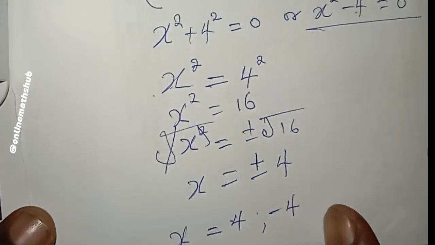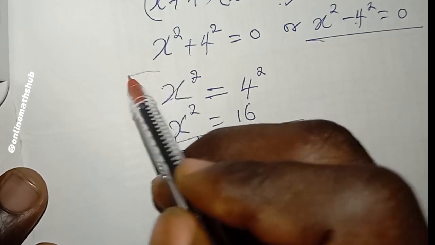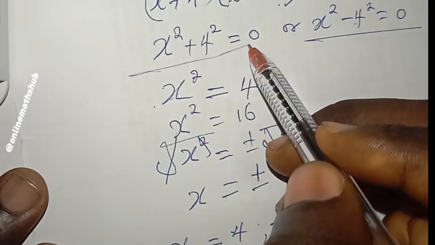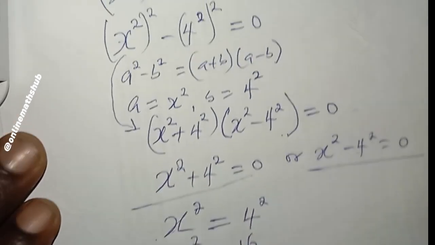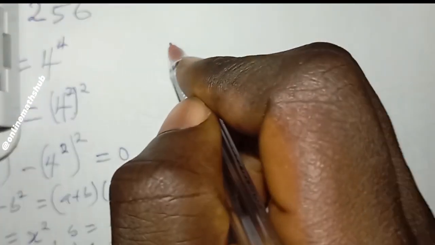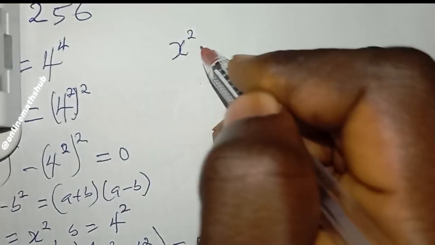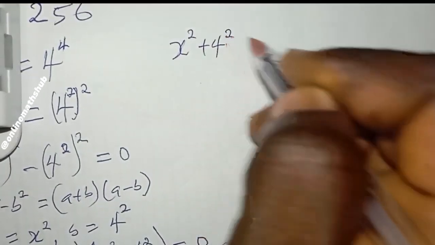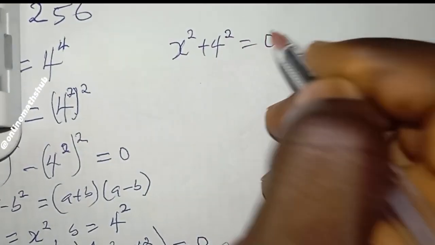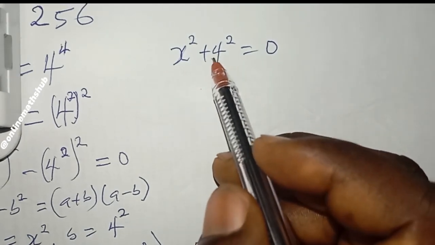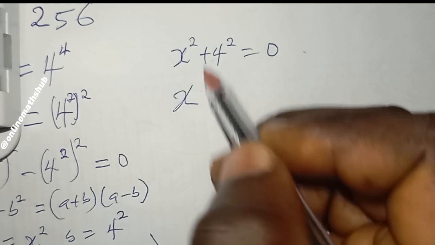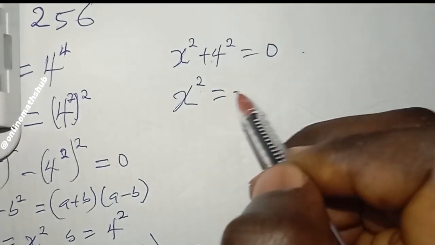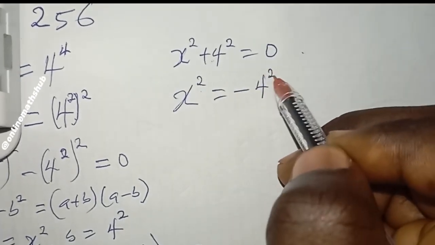What we'll do next is come over to this case and get the remaining values of x. Continuing here, what we have is x squared plus 4 squared is equal to 0. If I push this to the right hand side, what we have is x squared is equal to negative 4 squared.